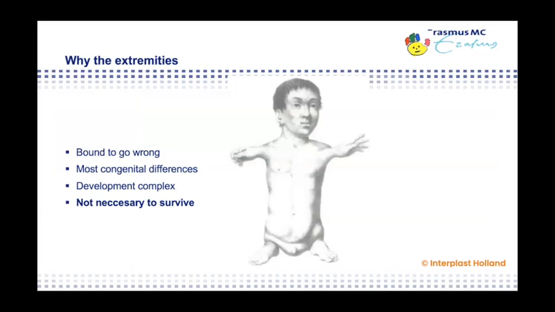Actually, it's because the development of the arms and the legs is very complex. And the other thing, of course, is that you don't need them to survive. So if you have a severe heart condition or a severe brain condition, the fetus won't survive, but with a severe arm condition, the baby will survive and be born.